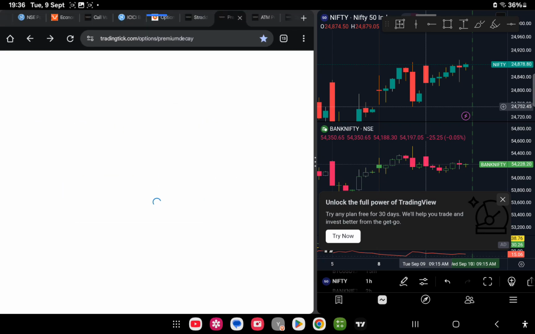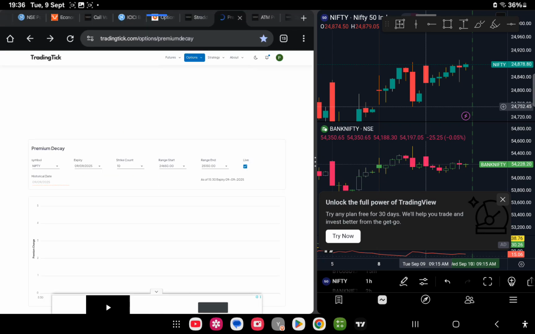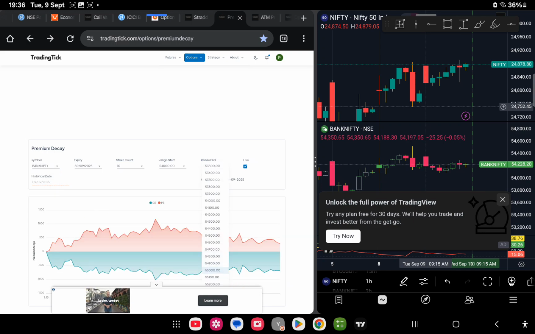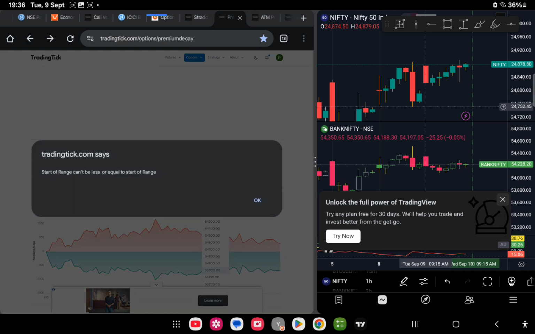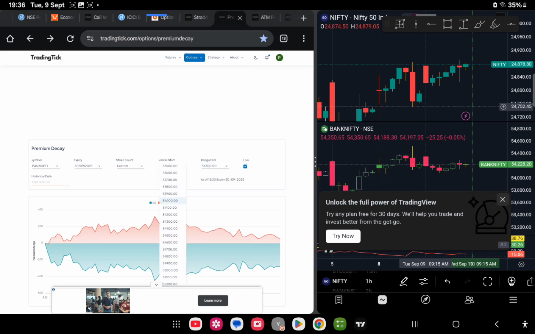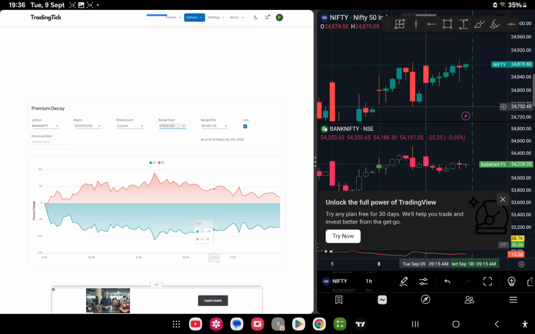Now we would take Bank Nifty. Bank Nifty open was 300. We'll start with 54,300. Here also, from the start itself, sellers were winning, and at this spike the buyers tried but they failed.